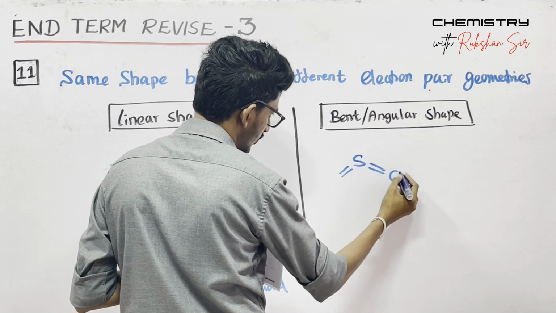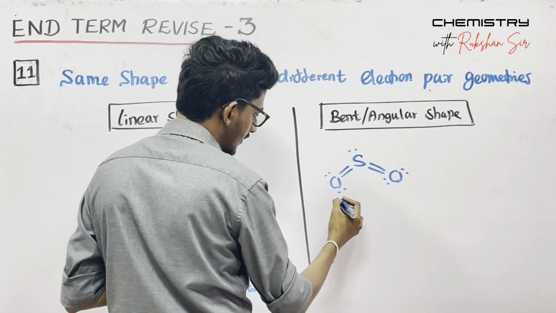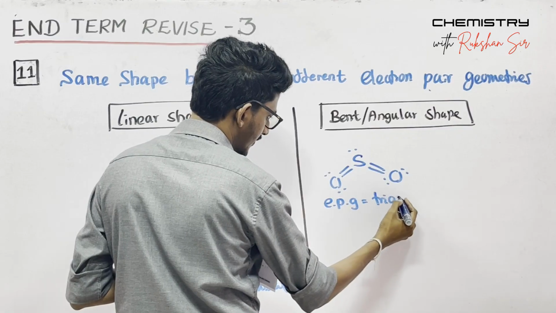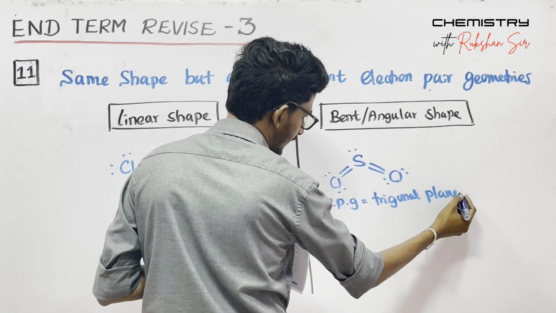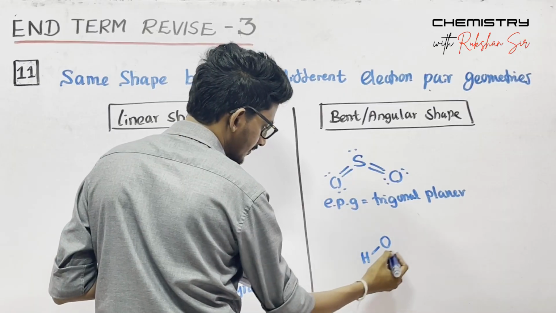See SO2, the electron pair geometry is trigonal planar. Or an angular shape could appear with a tetrahedral geometry as well.